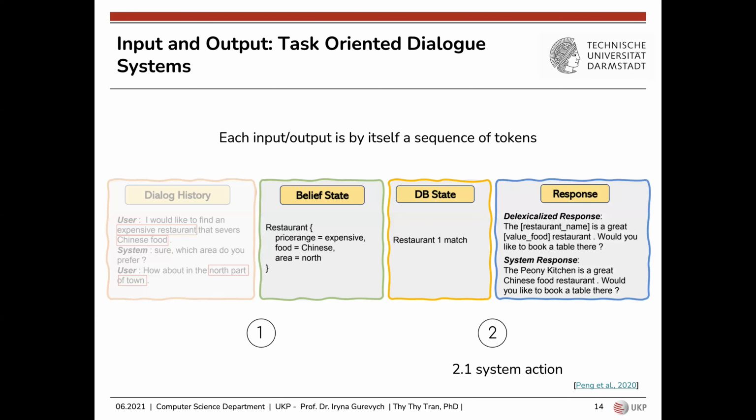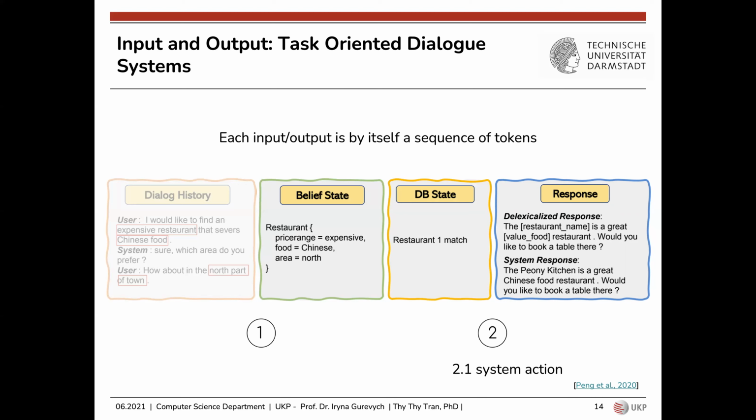So to generate the response, both the belief state and database state are used. The response can vary depending on the context, but usually in conversational AI, only one response is given, and we only learn to generate such a response.